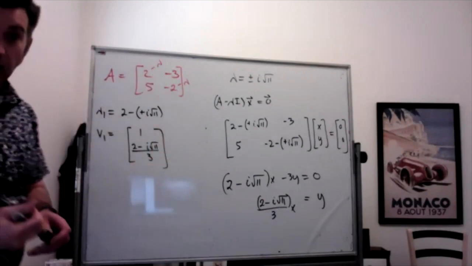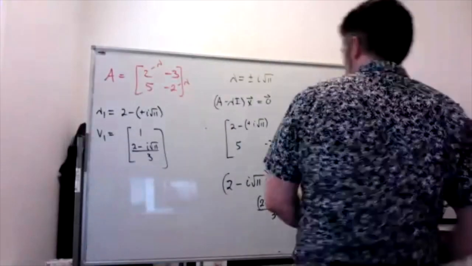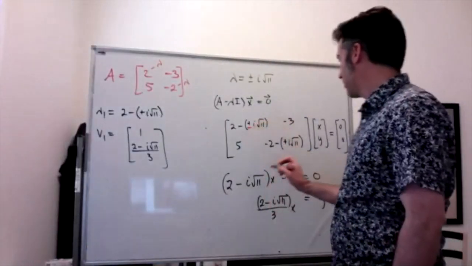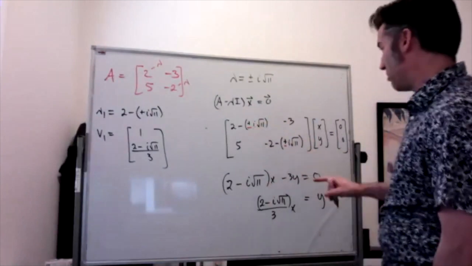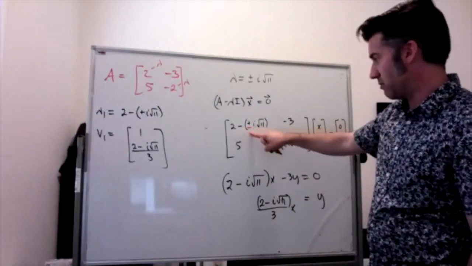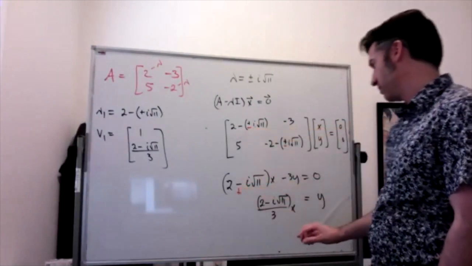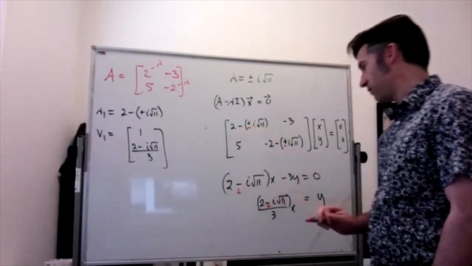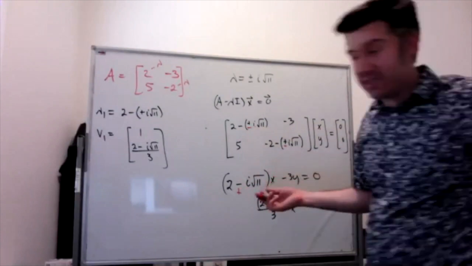And now for the magic: if this was negative, this would also be negative. But if this was negative, then I'd have 2 minus a minus, so that would be positive. That's it.